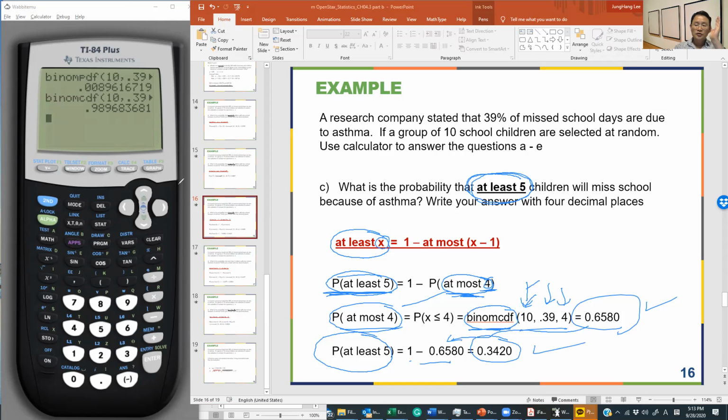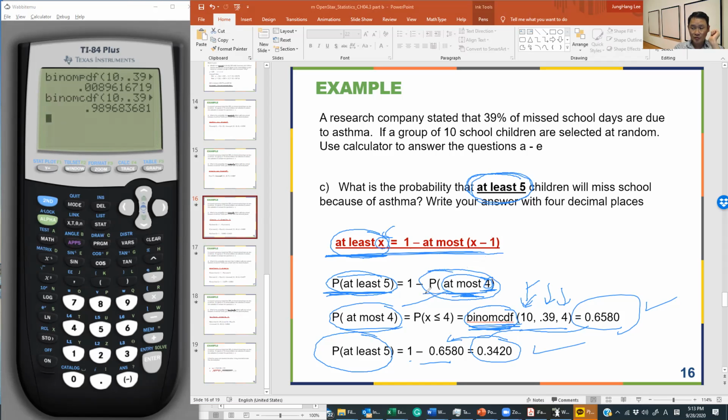So let's recap. To figure out at least some value, we need to find 1 minus at most one less than this X. Why do we need to make this conversion? Because the calculator does have the at most function, which is binomial CDF.